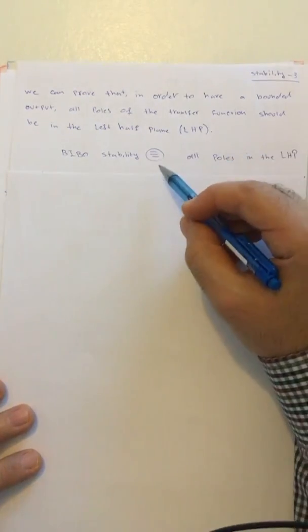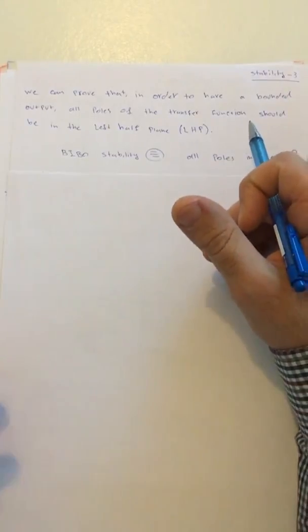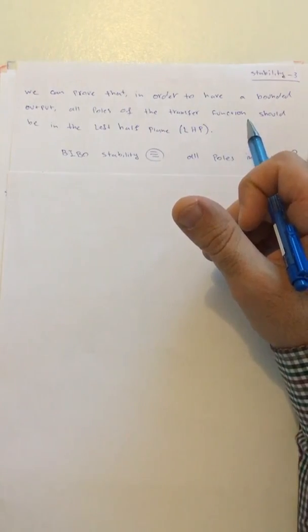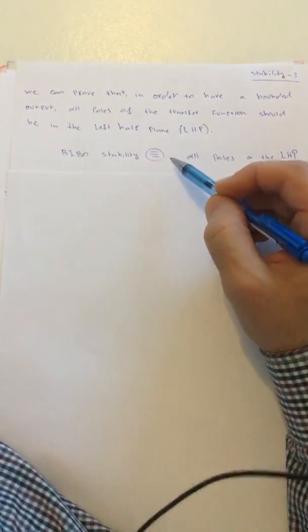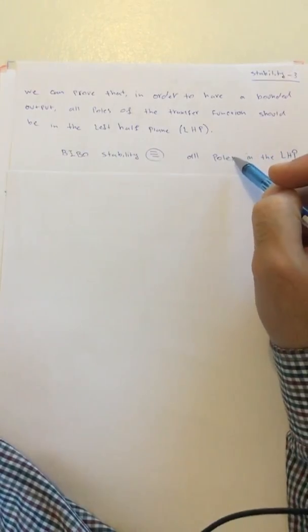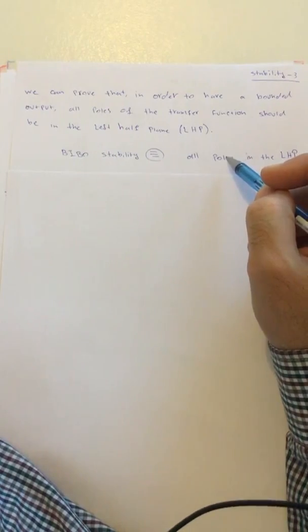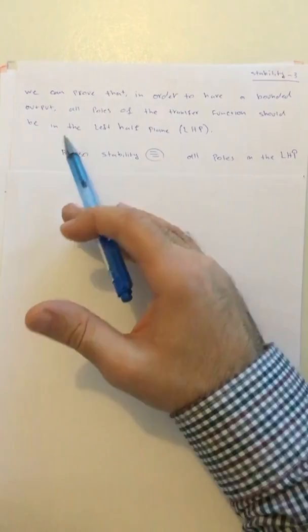So it seems that we found a good way to check the stability, because checking the stability through the definition was difficult. We had to try all possible inputs. But here we have a better way to check that. What we need is just to find the poles of the transfer function. If all of them are in the left half plane, left side of the j omega axis, then the system is stable.